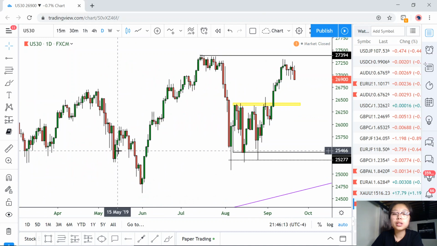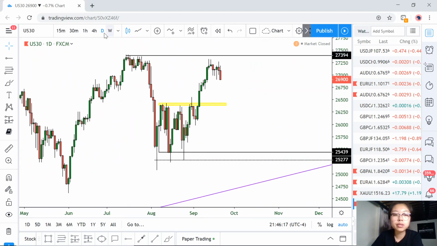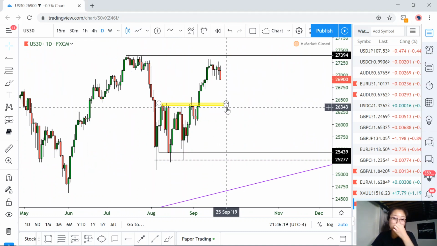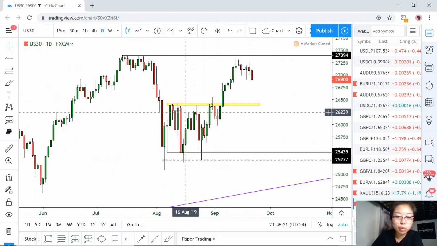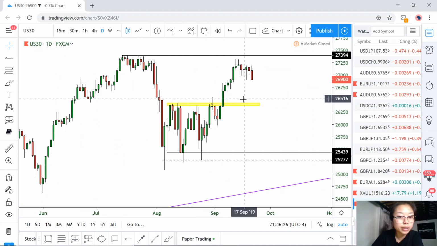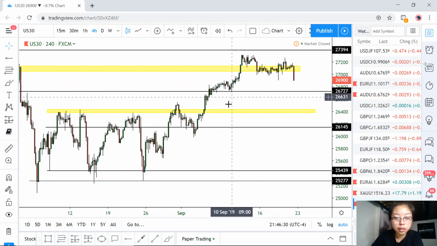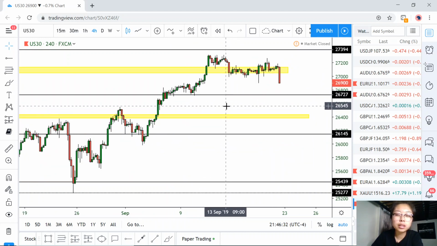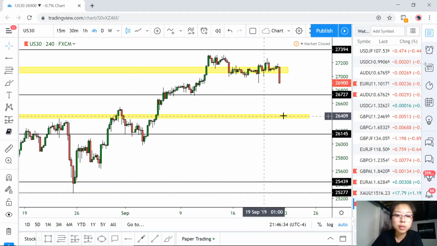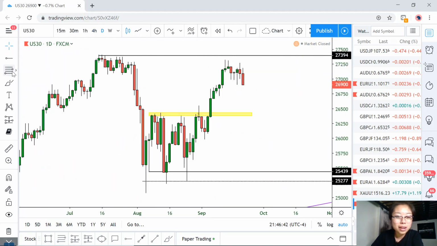US 30, we have prices almost at all-time highs, and it's retracing. So on the daily, we broke out of this little consolidation, and it never really retested because it just kept going without a significant pullback. So maybe we're headed down to the 26,400 area.